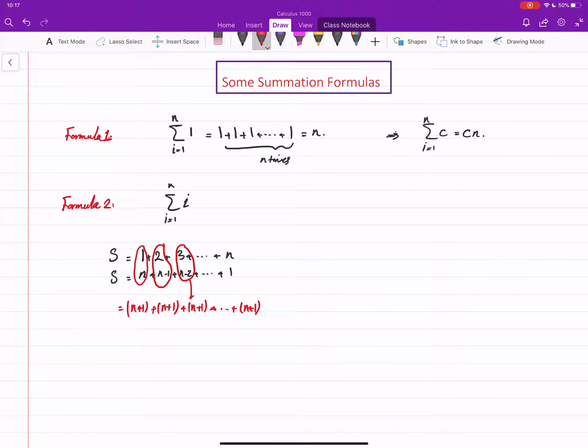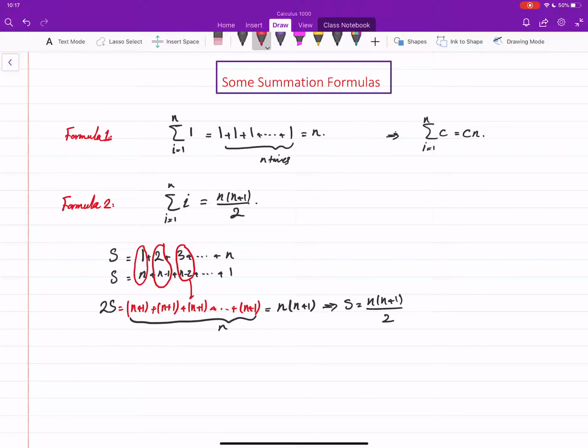Now, you added 2 of these, so you added 2s, which is equal to n. How many of these do we have? n of them, so n times n plus 1. Then as a result, s is going to be n times n plus 1 over 2. So the sum of the integers from 1 to n is n times n plus 1 over 2.